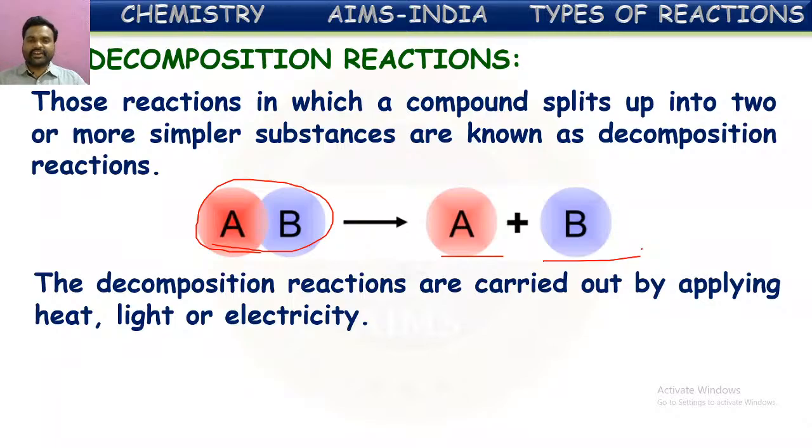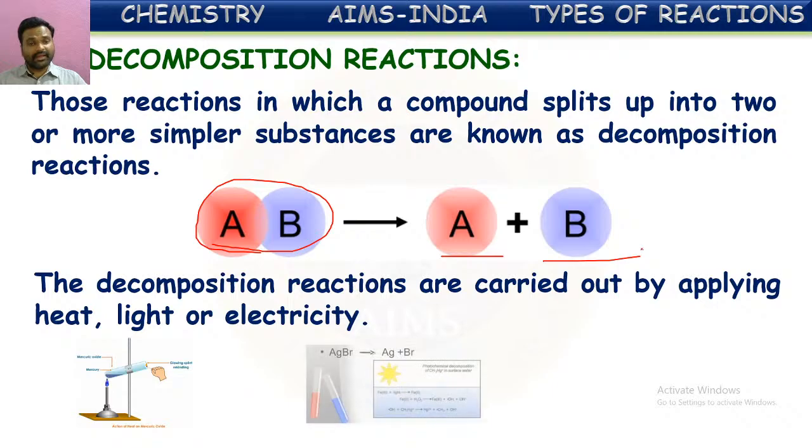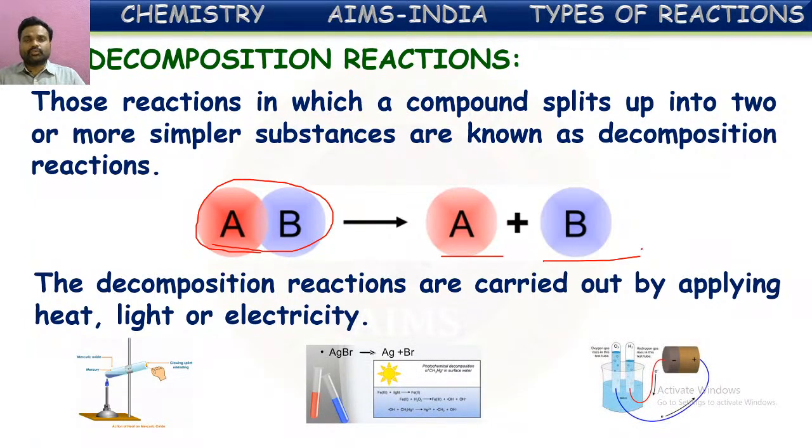The decomposition reactions are carried out by applying either heat, light, or electricity. So, to decompose a substance into two or more new substances, it needs either heat or electricity or sunlight. In the presence of these, decomposition reactions generally occur.